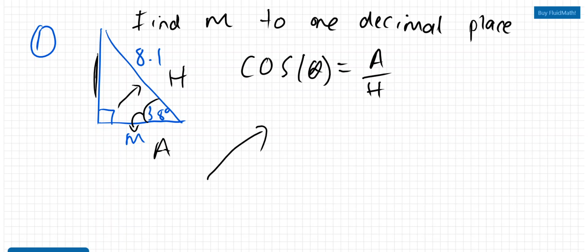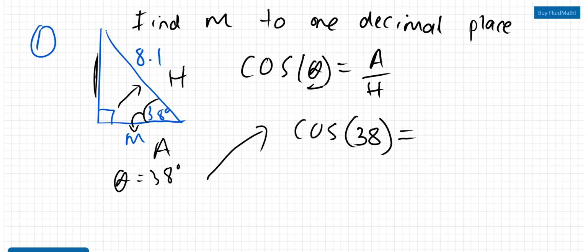So I now have cosine, and of course the angle is 38 degrees. So cosine 38 is equal to adjacent, which is m, over my hypotenuse, which is 8.1. Everything has now been substituted into my equation.